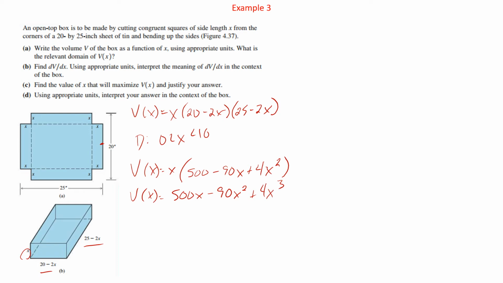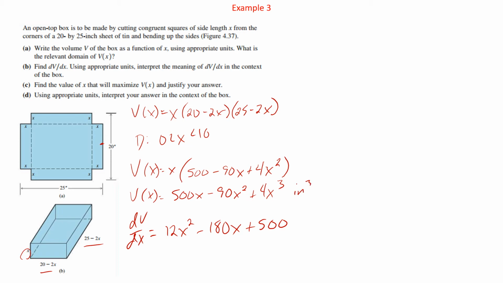All right, now we can take the derivative. So dv over dx, I'm going to start with the 4x cubed, so we're going to reverse the order here. So that'll be 12x squared, and then minus 180x plus 500. Oh, and this would be inches, so the volume would be cubic inches.